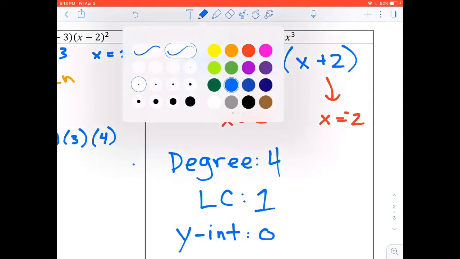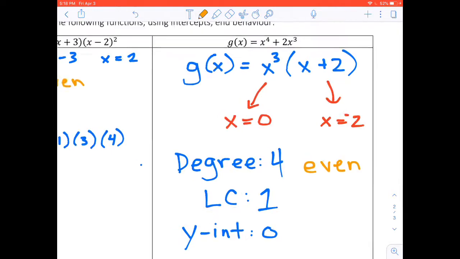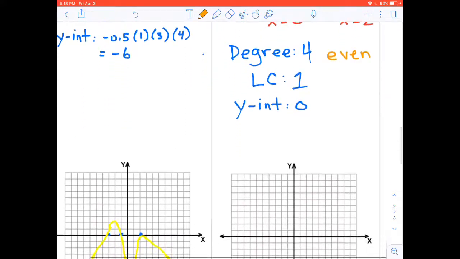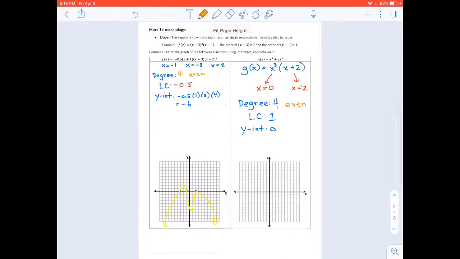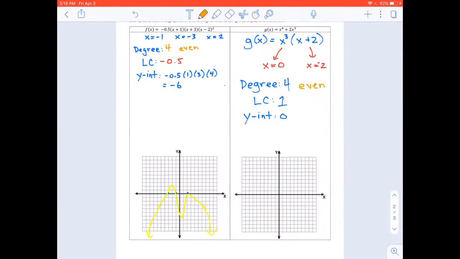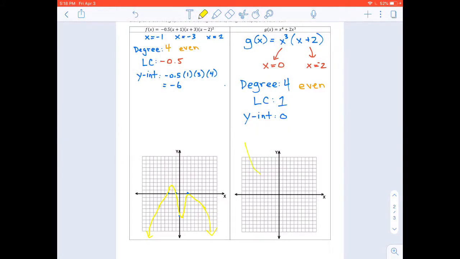We do know that the degree is even, so the end behavior should be on the same side. I know that the leading coefficient is 1, so it has not been reflected. So I do know that the graph is going to be on the same side, but start at the top and end at the top. So if I'm to sketch this graph out, zoom out a little bit here, I know that my graph is going to start from this side.